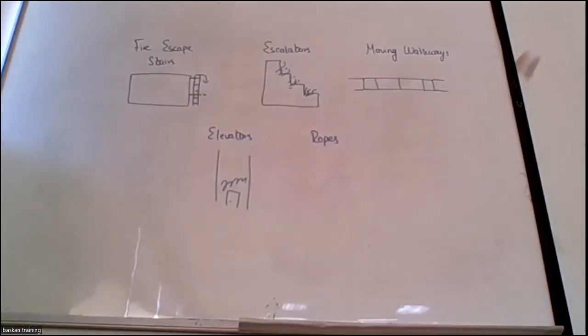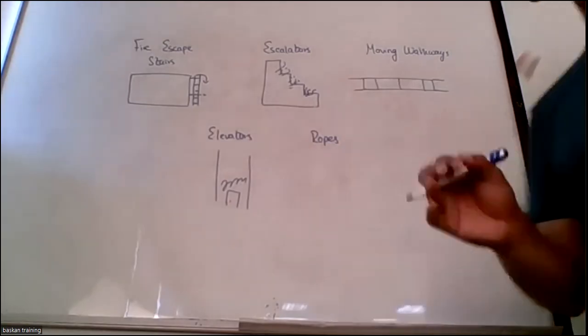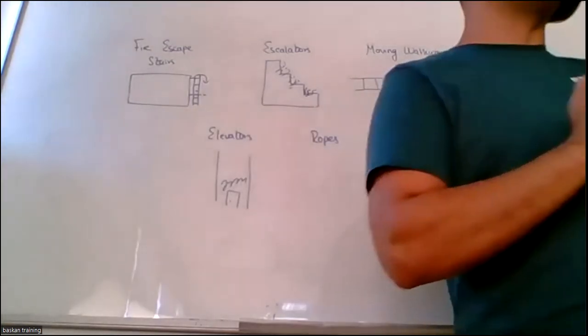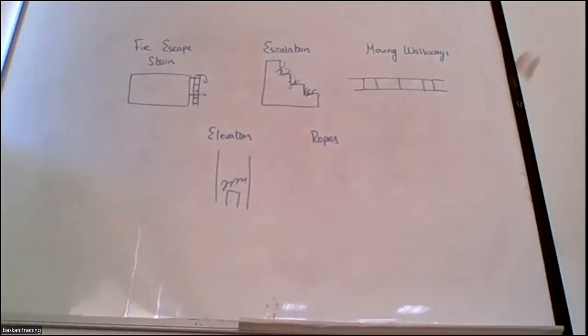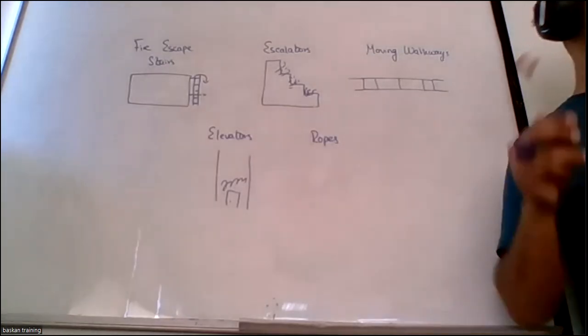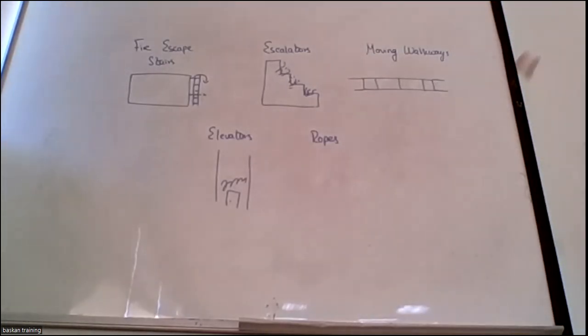When we'll be discussing ropes in organizing fire rescue operations, that rope should have a fall factor of 0.25, meaning the failure of the rope per distance. We'll see how we can calculate the fall factor of the ropes.